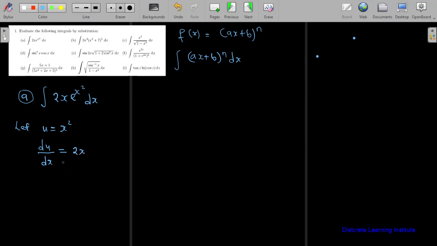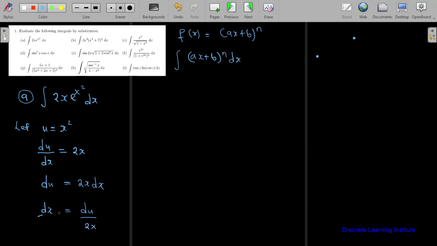And then you make dx the subject of the formula. Cross multiplying, du is equal to 2x dx, and if you divide both sides by 2x, you get dx equal to du over 2x.